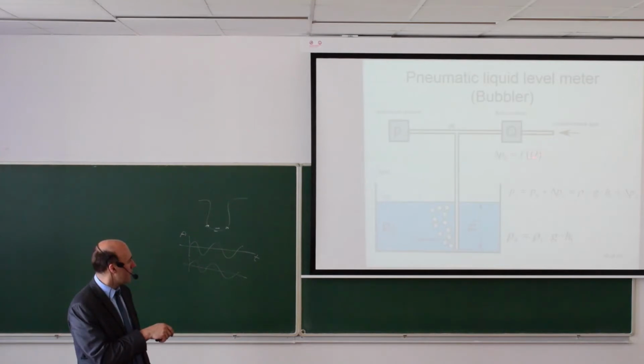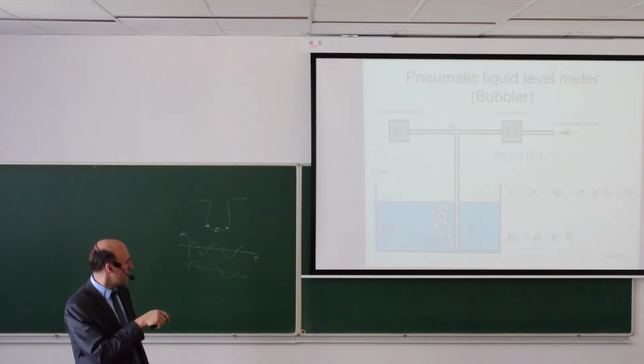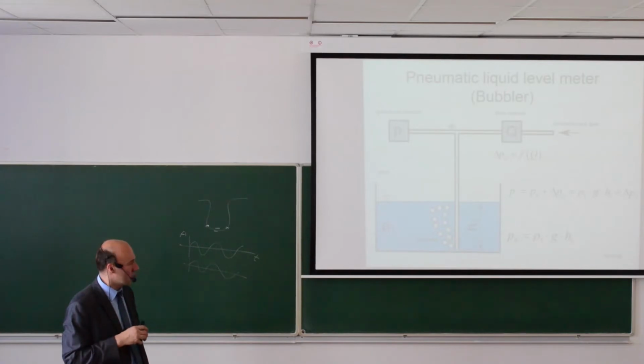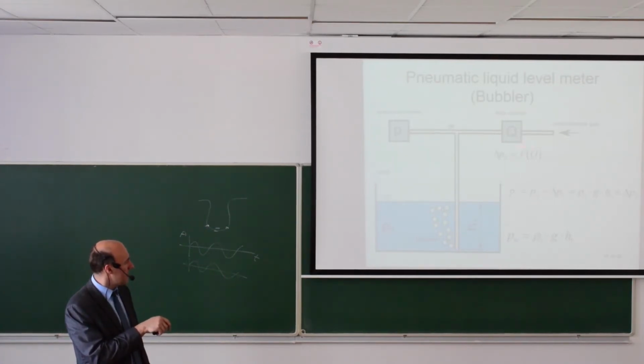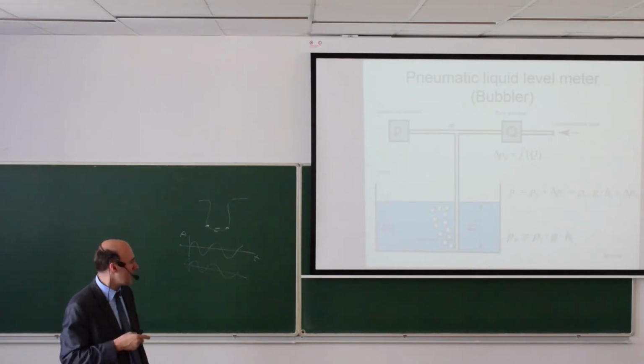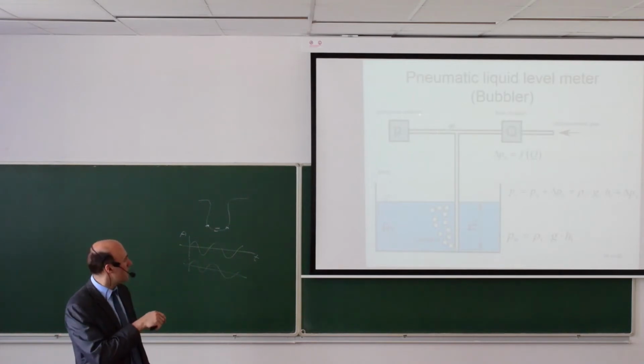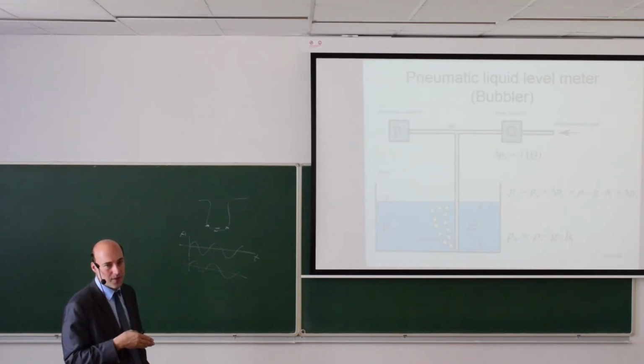So we are looking for a constant flow, and the pressure that we need to overcome the hydrostatic pressure will be a function of the liquid level. So we can have this flow sensor work together with a control system to maintain the constant flow, and then the output signal of this assembly will be the pressure that you have actually measured. So this is basically a pressure sensor.